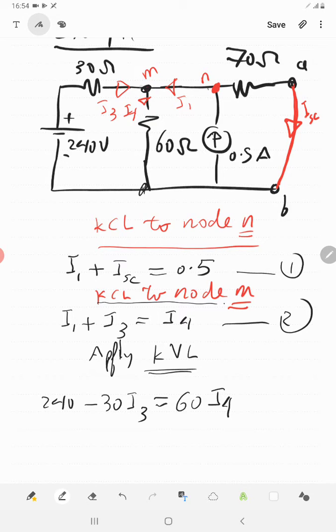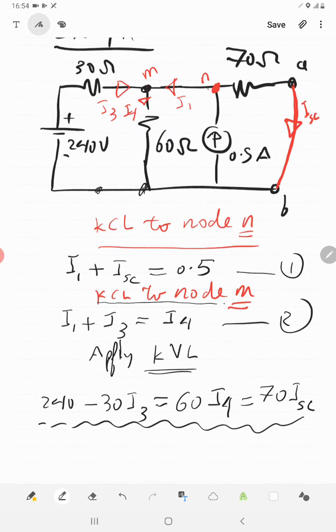This is the same voltage between this node and this node here, which is equal to 240 minus 30 times I3, and this also equals 70 times I short circuit. For this we applied KVL.